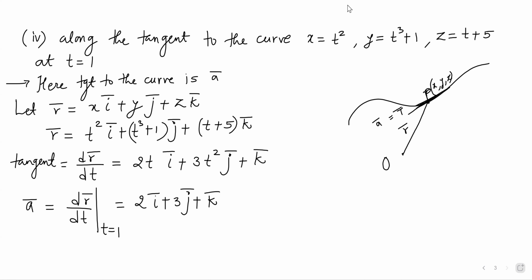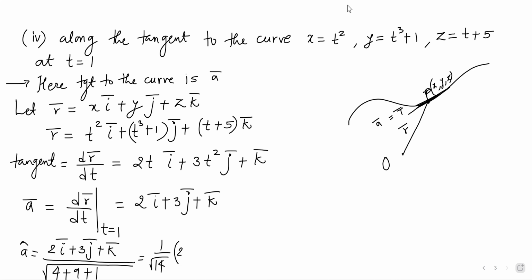Once I get a bar, the job is easy. Just find a cap for this and then substitute in del phi dot a cap. So a cap is equal to 2i bar plus 3j bar plus k bar divided by the square root of 4 plus 9 plus 1, so that is root 14. So it is 1 by root 14 times 2i bar plus 3j bar plus k bar.